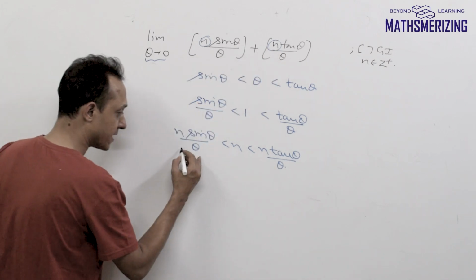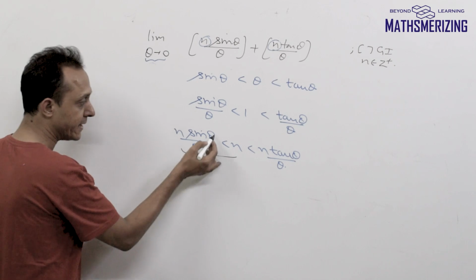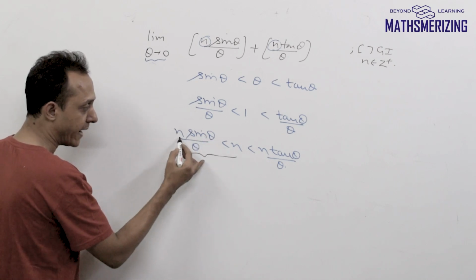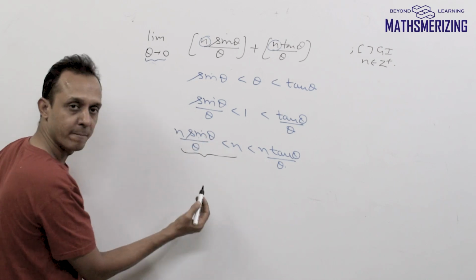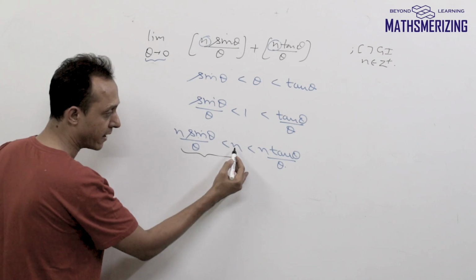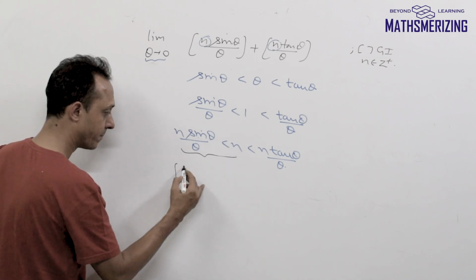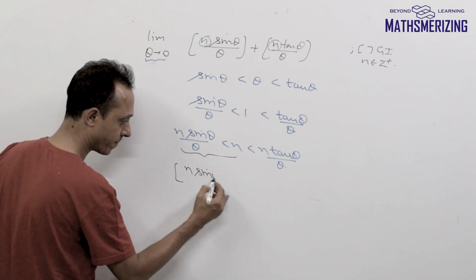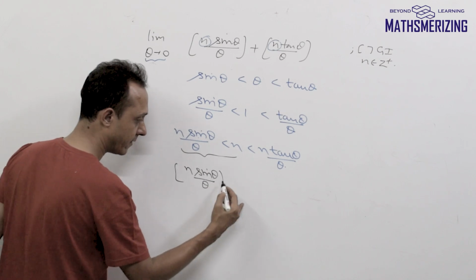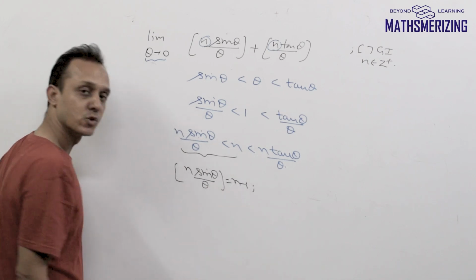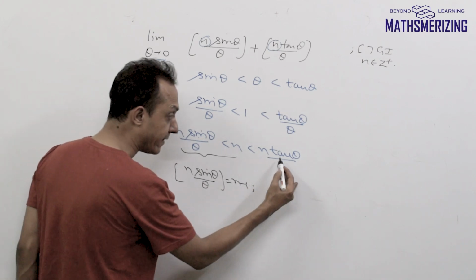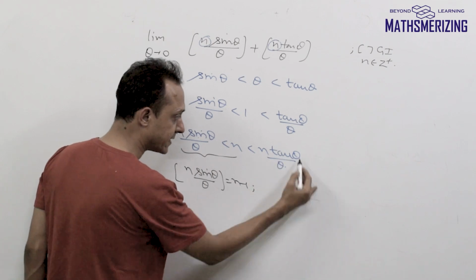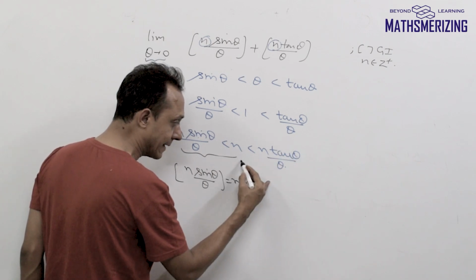Now looking at this first expression, I know sin theta upon theta tends to 1. So n sin theta upon theta is nearly n, but not exactly equal to n, a little less than n. So the greatest integer function of n sin theta upon theta will be n minus 1. In the same way, tan theta upon theta is nearly 1, but still a little greater than 1.